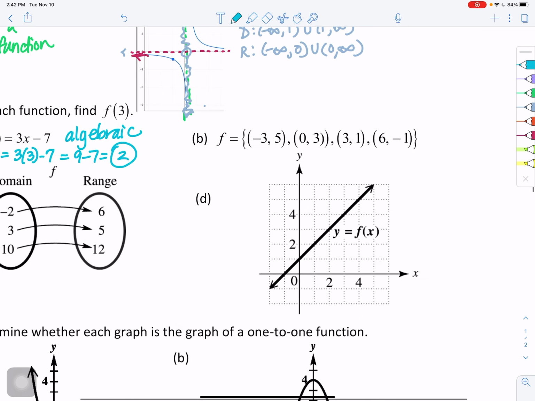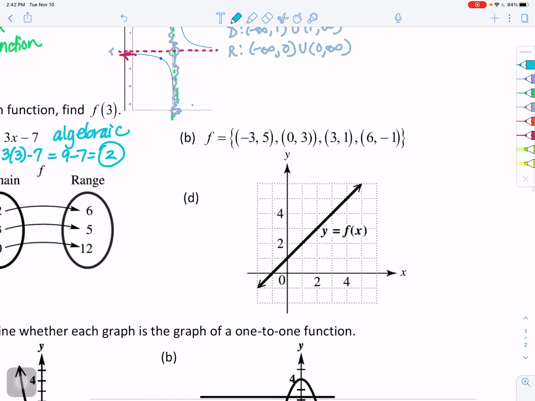Now you'll like this. Look at b. F of 3 asks you for a y value when x is 3. That's what it's doing. So we look until we find x is equal to 3 and the y value is f of 3.